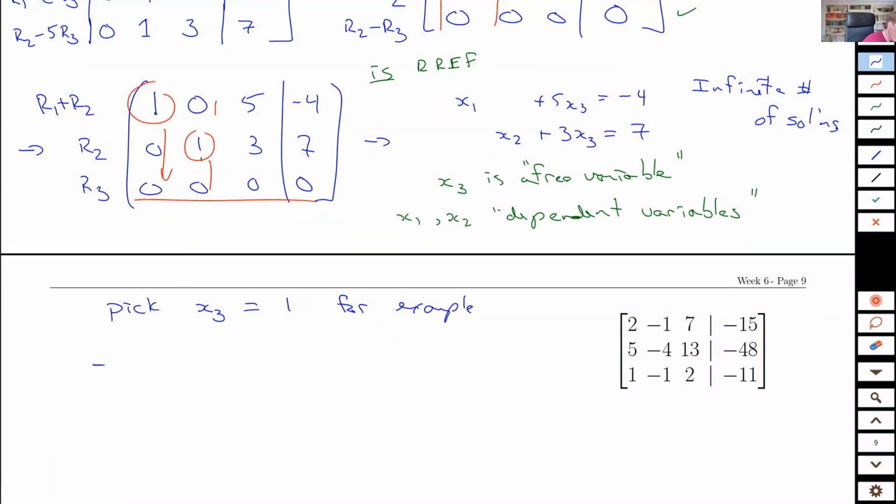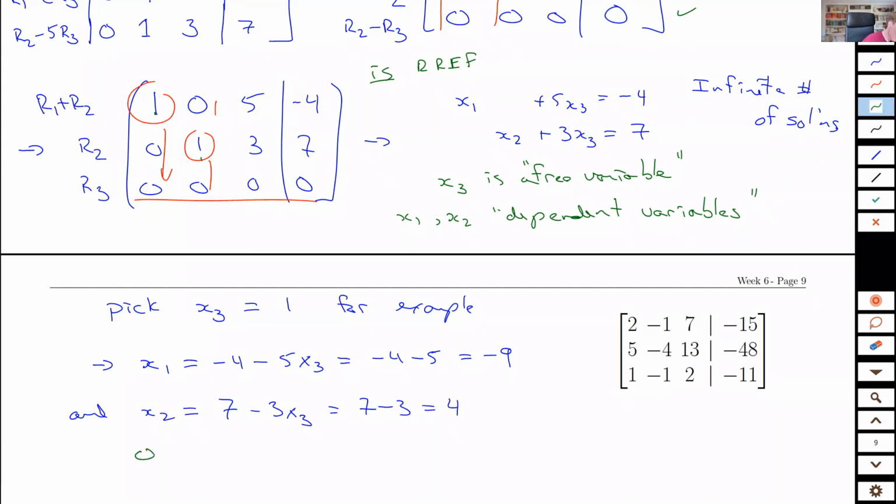And then immediately x1 gets a number. x1 is equal to -4 minus 5x3, which is -4 minus 5, which is -9. And x2 equals 7 minus 3x3. That's 7 minus 3, that is 4.